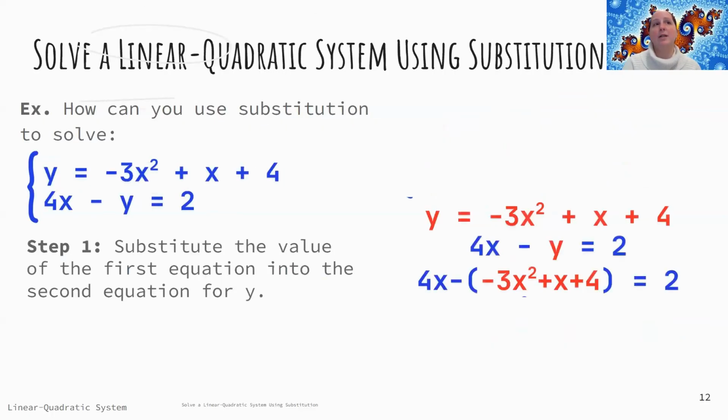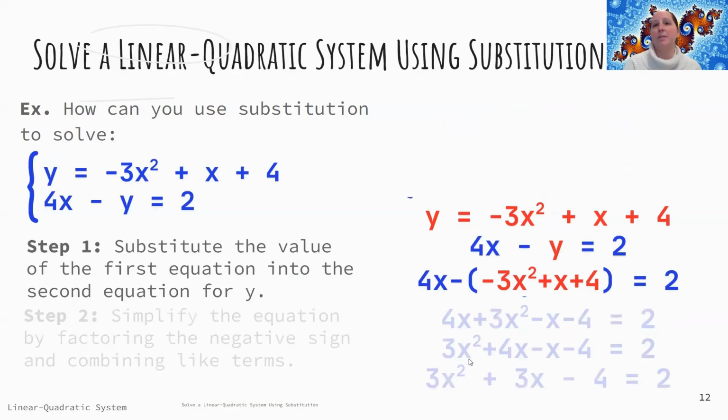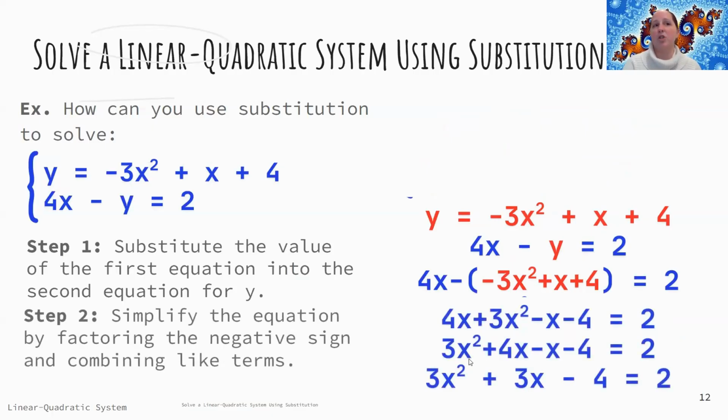How can you use substitution to solve y equals negative 3x squared plus x plus 4 and 4x minus y equals 2? Again, I have y equals, so I'm going to substitute that value from the first equation into my second equation. I'm going to simplify the equation by factoring the negative sign and then combining my like terms. So I get 3x squared plus 3x minus 4 equals 2.